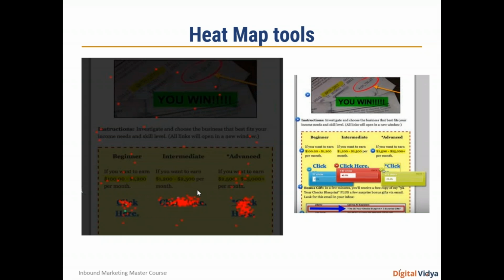It is different from regular web analytics tools, because regular web analytics tools capture the event, they capture the page, but they may not capture the mouse clicks. For example, this particular banner is not clickable, but still users are clicking on it, assuming that this banner is clickable, while the click here option is there, right?